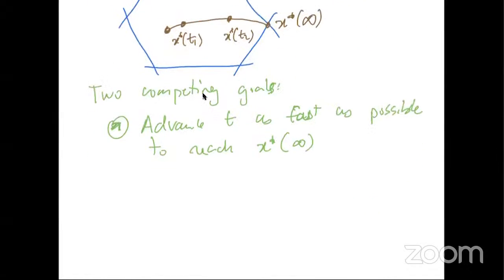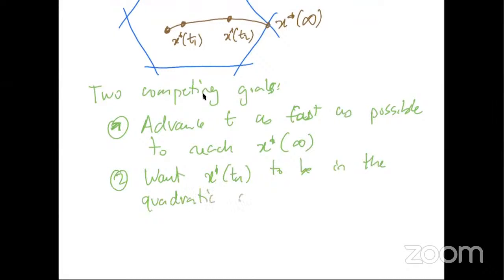So we want the starting point to be in the quadratic convergence region for the function f sub t2. This means I cannot make a very big step from t1 to t2.